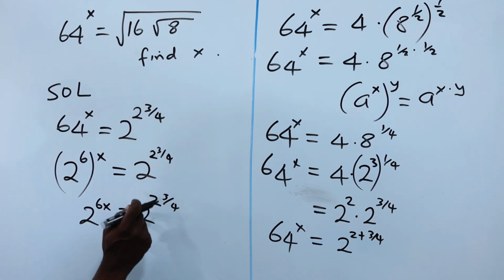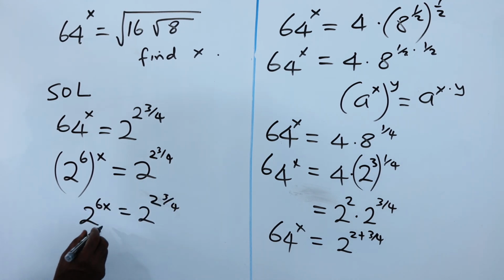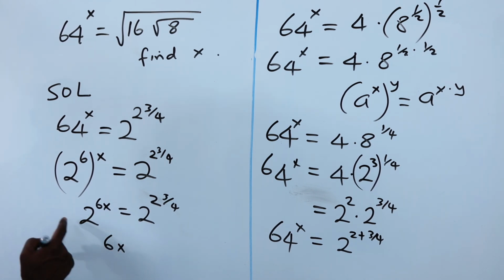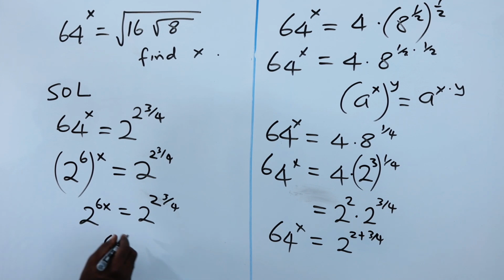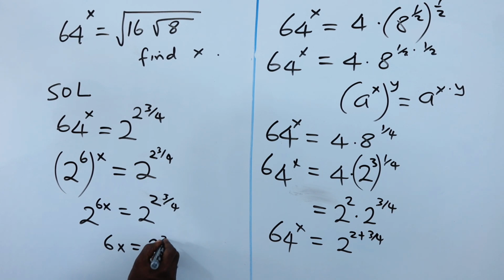Since the bases of this equation are the same, it means the powers or the exponents will also have to be the same, meaning that 6x, the power of 2 on the left hand side, is equal to the power of 2 on the right hand side, which is 2 and 3/4.